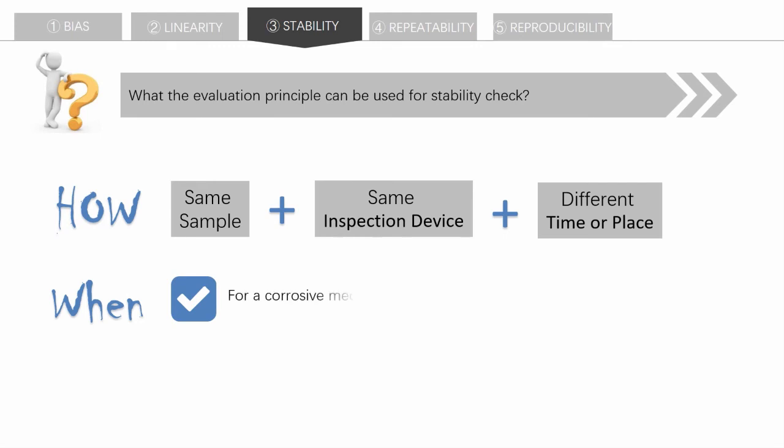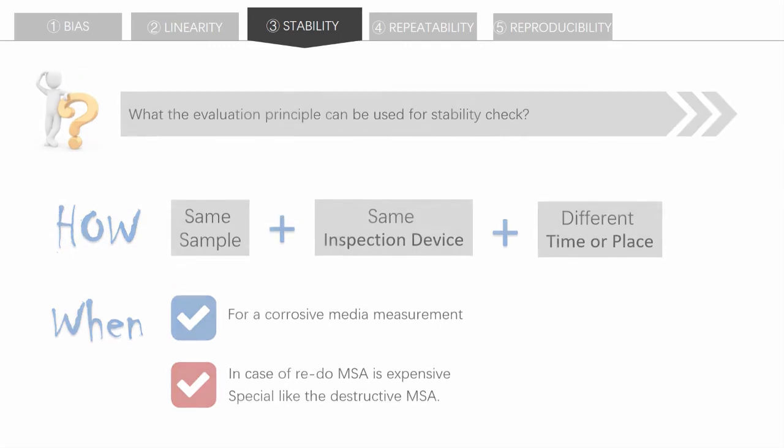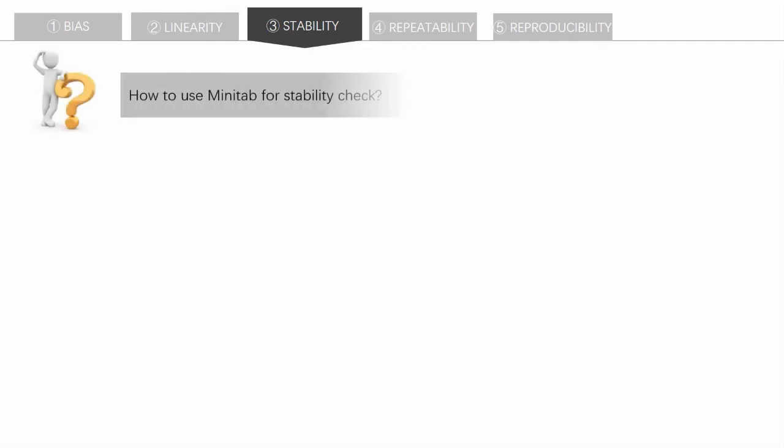In case of correlation between measurements, or to check whether the gauge is under control or not, or in case redoing the MSA is very expensive, especially like a destructive MSA. Okay, I've talked about how and when to use a stability check.